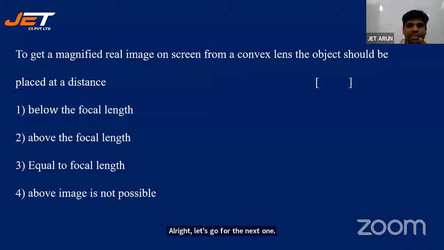To get a magnified real image on a screen from a convex lens, the object should be placed at a distance of: above or below the radius of curvature. Mixed response again.